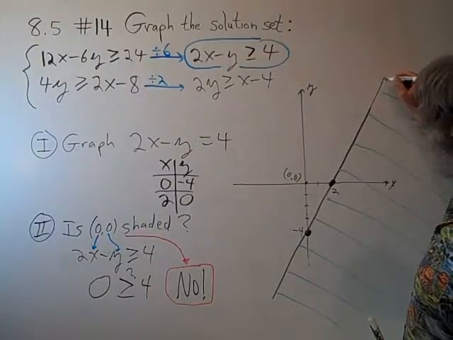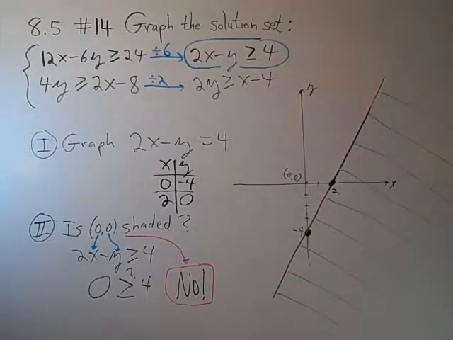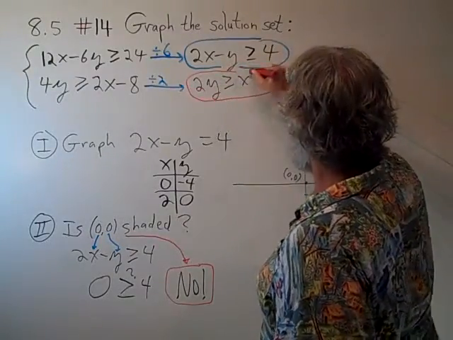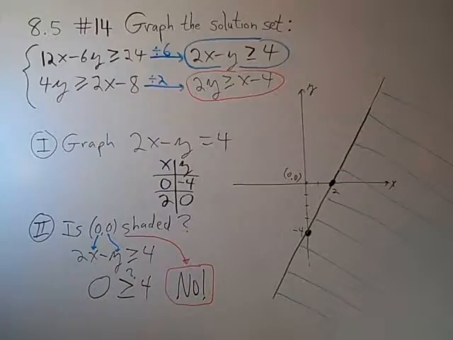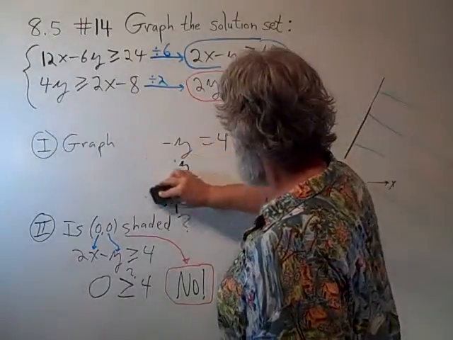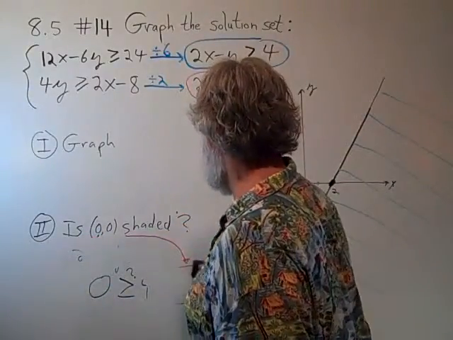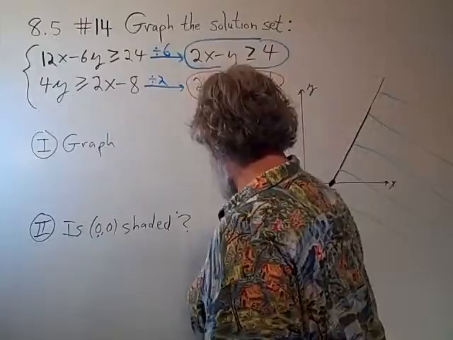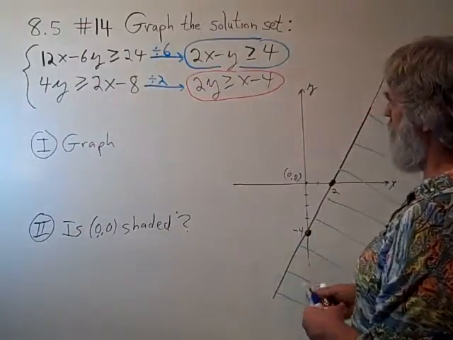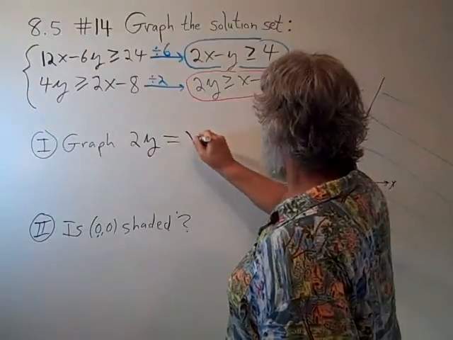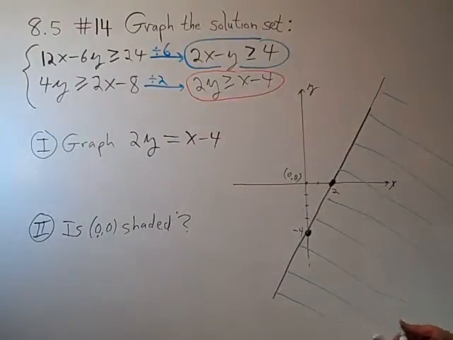And now let's start graphing the second one. So now we're going to graph the linear inequality 2y is bigger than or equal to x minus 4. So we have the same two-step process that we had earlier. To begin with, we have to graph the bounding line 2y equals x minus 4.